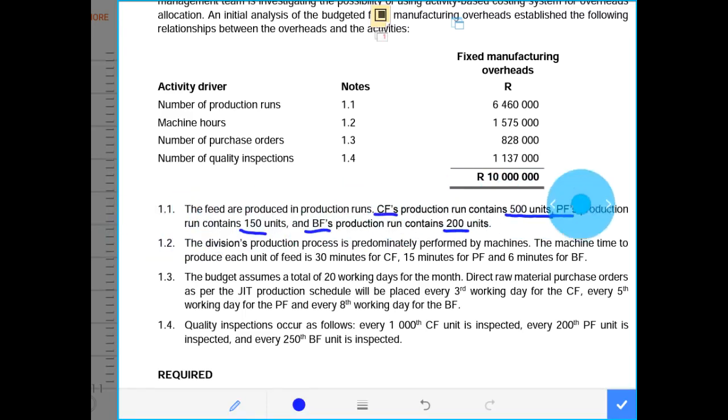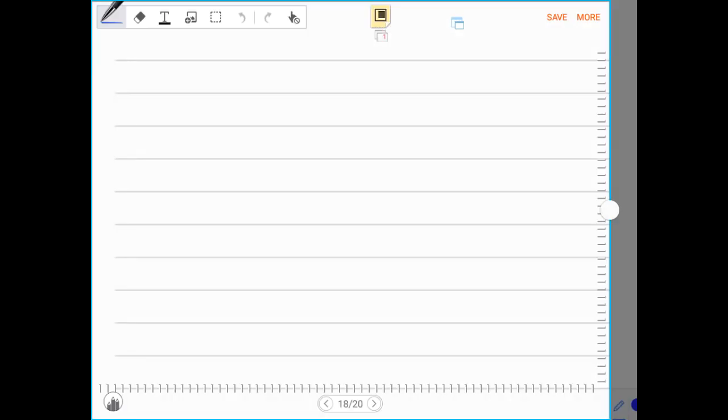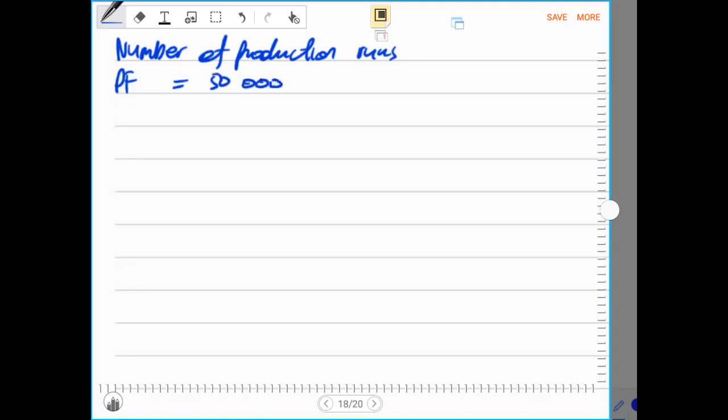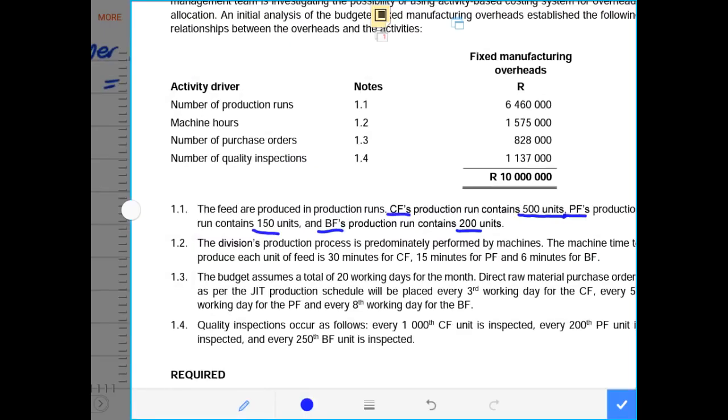So now we need to know the number of production runs. The minute we know the number of production runs for CF, which is 50,000 units, divide this by 500. Yes, 500, 150, and 200.